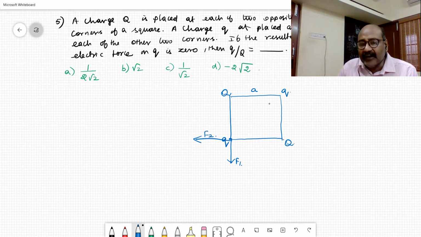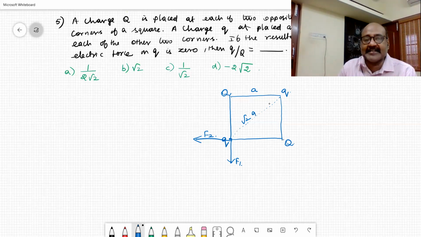Then the third one, the small q placed at the diagonally opposite corner, at a distance of √2 into A (according to Pythagoras theorem, the diagonal length is √2 into A), produces another force in this direction. Let it be F3. So at any one of the corners where I have placed the small charge q, it is experiencing three forces, F1, F2, and F3.